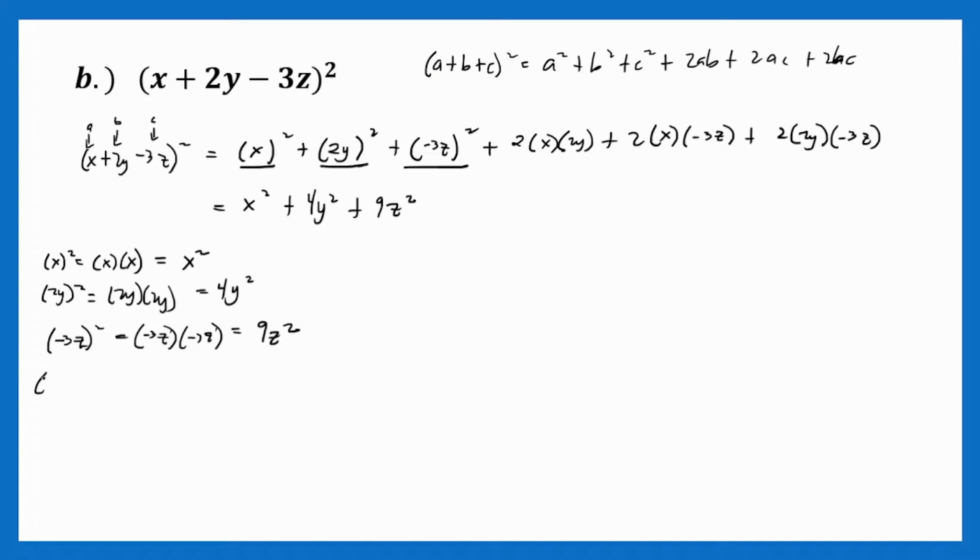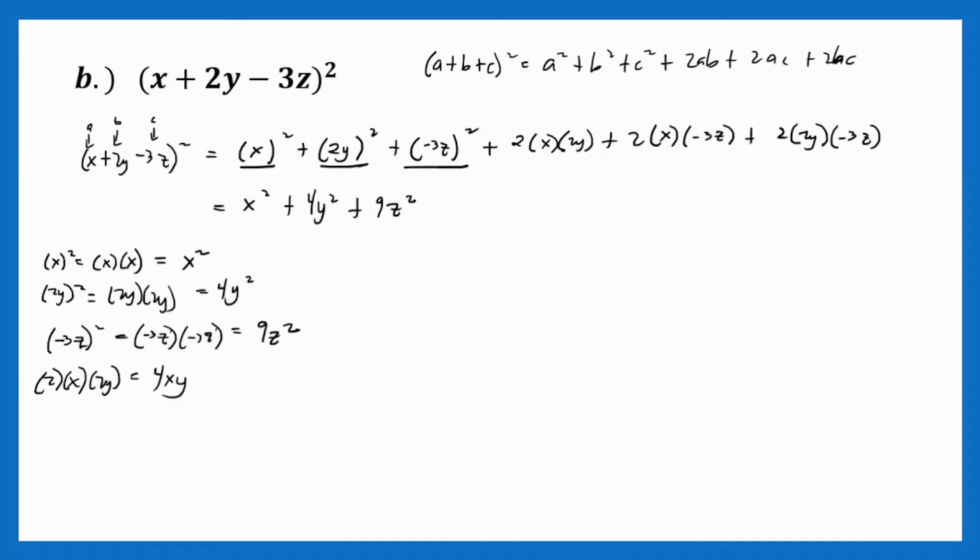Next, 2 times x times 2y. So yung number sa number, variable sa variable with the same base. 2 times 2 is 4. Yung x may kasama base ba siya? Wala. Yung y ganun din, wala din. So kopyahin mo lang yung dalawa. Okay, hindi kasi pwede magsama yung x saka yung y.